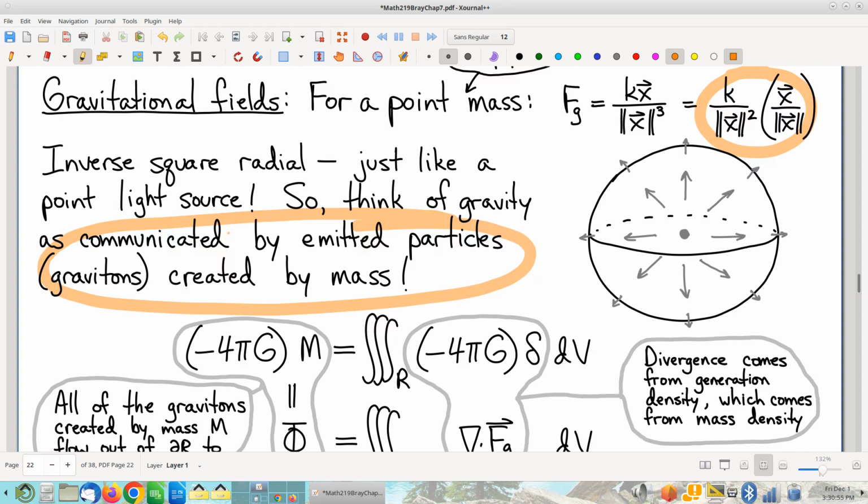What we can think of here is that the planet's spewing out gravitons, and every time you get hit by a graviton, that is the universe telling you that we're pulling you that way. That's the idea. All right, so gravitons communicating gravity as emitted particles emitted out of mass is the model that I want to use here.